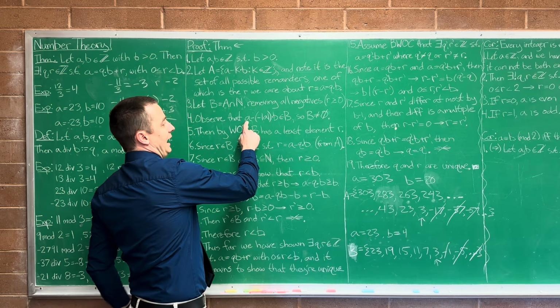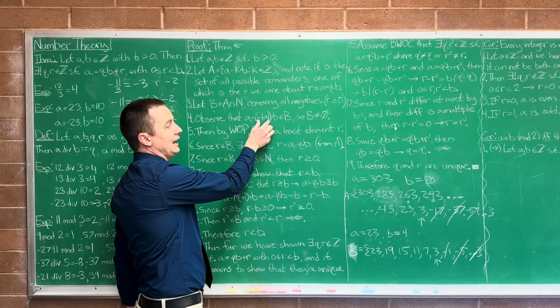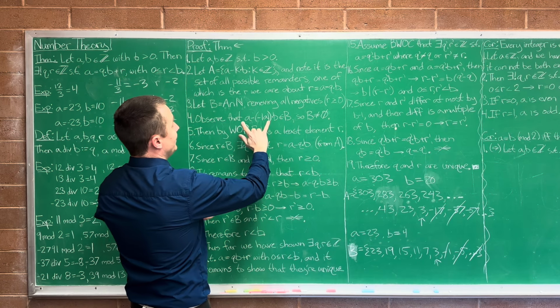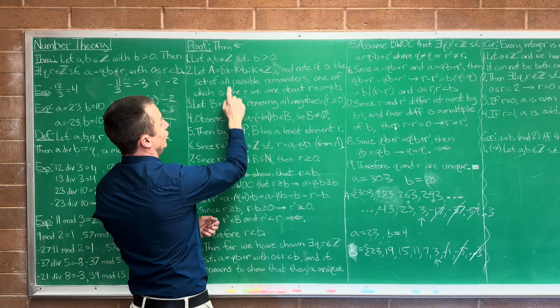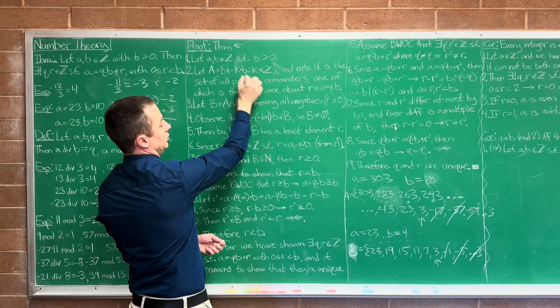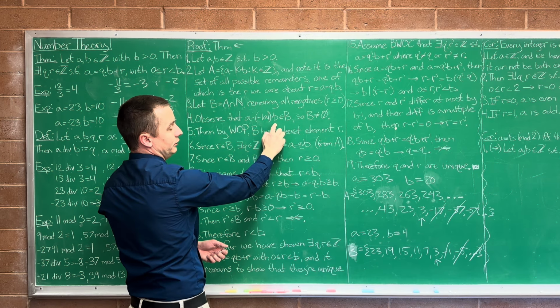So if I take a and subtract negative the absolute value of a times b, notice that this has this form: a minus some integer times b.